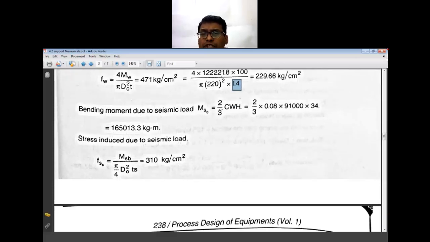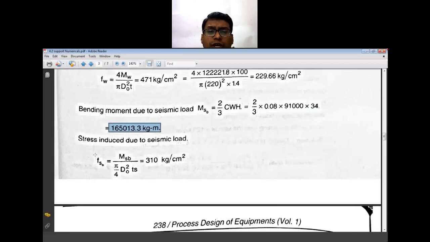Then the stresses. The bending stresses induced in the axial direction, that is MW upon pi by 4 into DO square into the TSK, which is mentioned as 471 kgs per centimeter square.